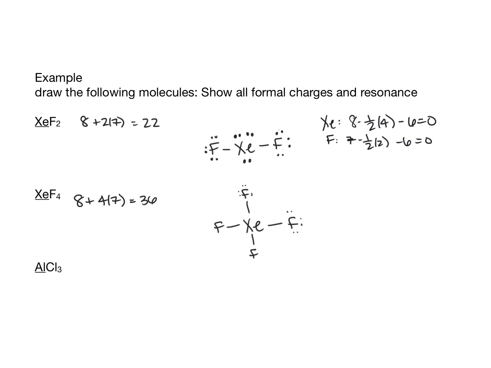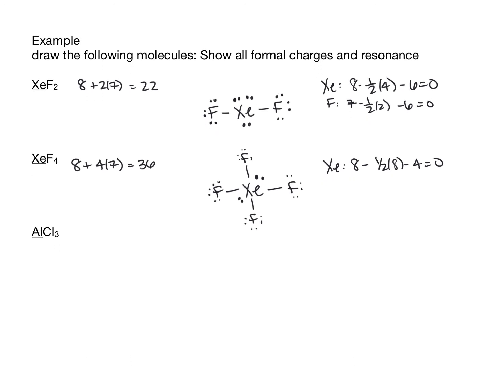As we use these up, 4 times 8 is 32, so there are 4 electrons left over, which we will add here. Fluorine looks the same, so we don't need to think about its formal charge, but xenon is 8 minus half of 8 minus 4, which is 0. So even though it has 12 electrons around it, it's still a valid structure.